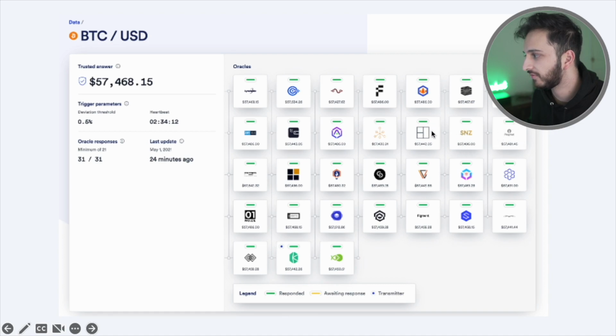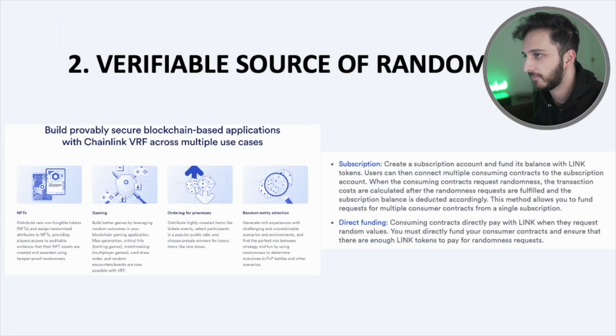They'll fetch whatever the price of Bitcoin is against US dollar, and post it to this Chainlink network. Essentially the mean of these responses from these nodes submits the trusted answer here. So that's pretty much how it works. And you'll be able to see that for all of these different price feeds and data that we need within DeFi, most of it comes from Chainlink.